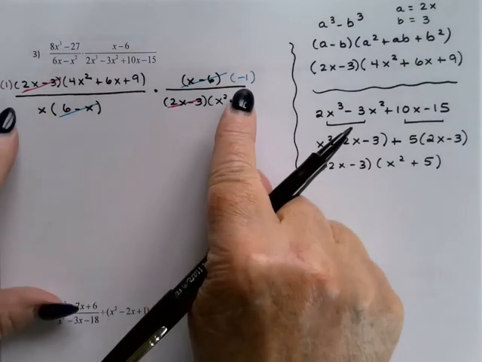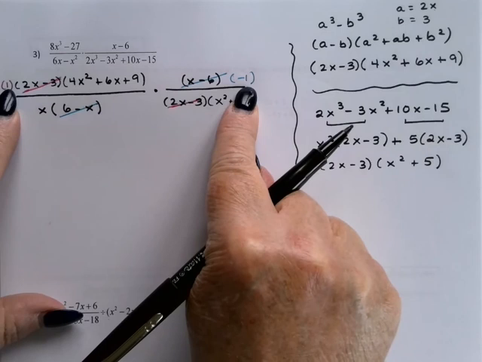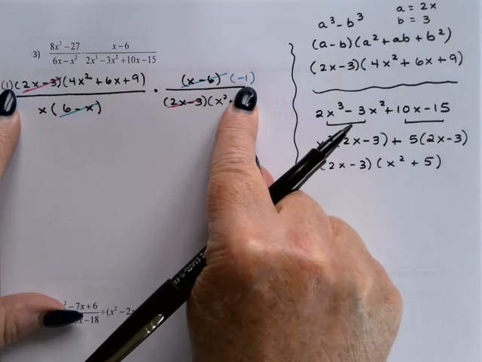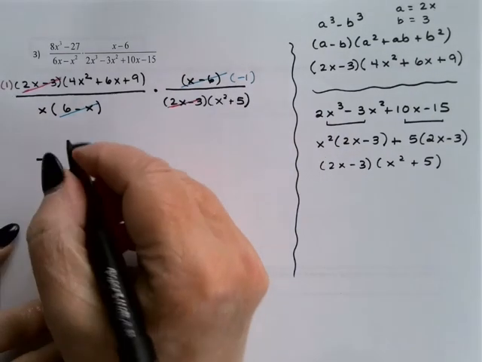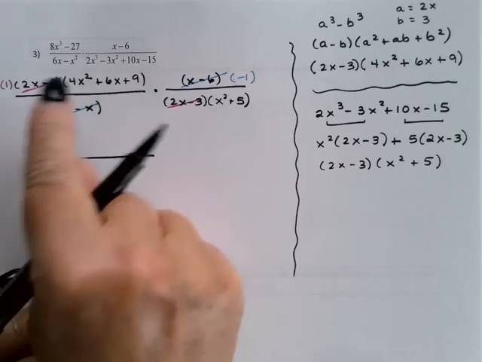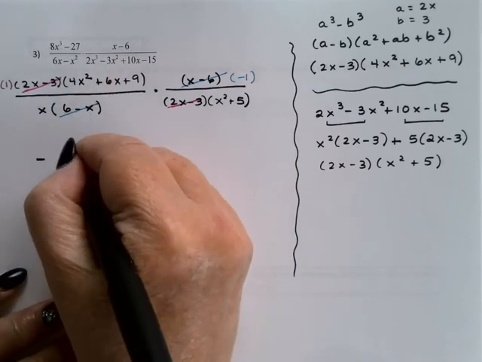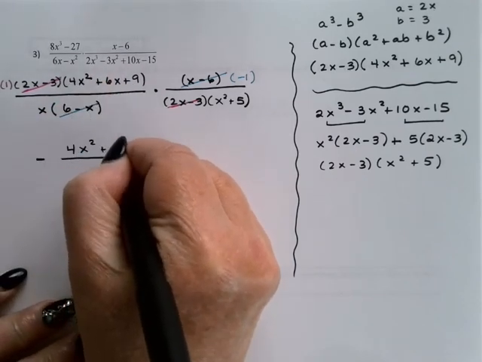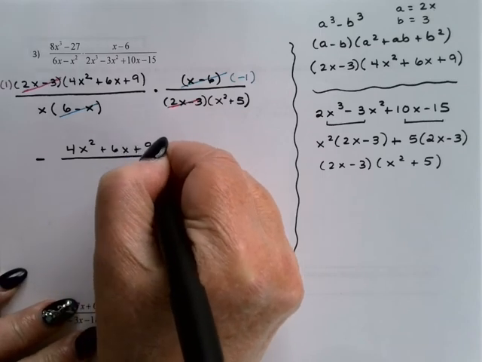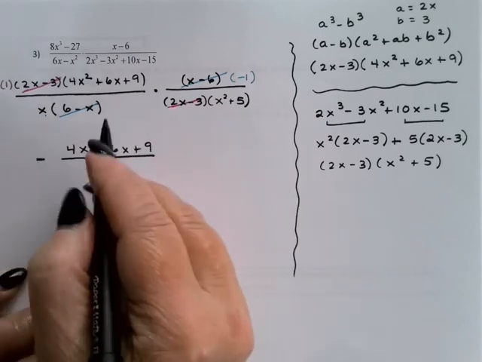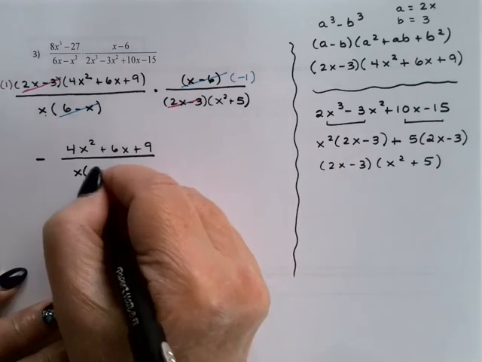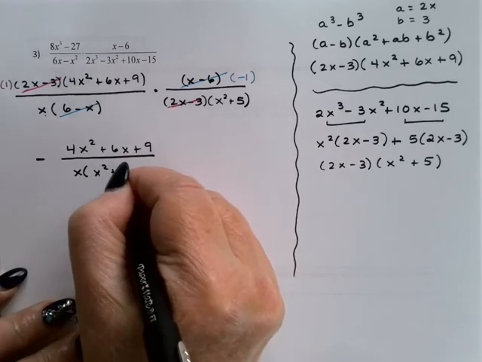All right, I end up with a negative 1 out here, and I can either put that in the front of the whole fraction, or I can distribute it through the top. For right now, I'm just going to leave it out front. On the bottom, I have x times x squared plus 5.